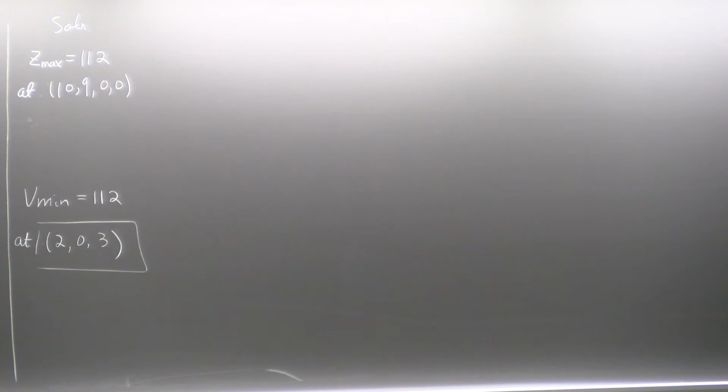Do we see it? Over here. 10, 9, 0, 0. The coefficients in front of the slack variables. Is that right? So that is very important. That's why this last row is of importance.